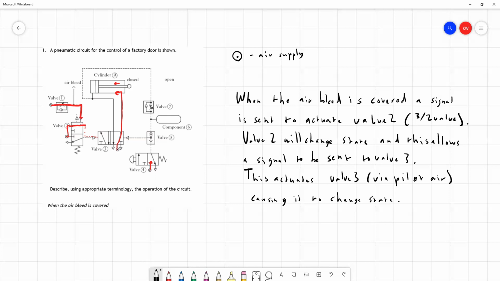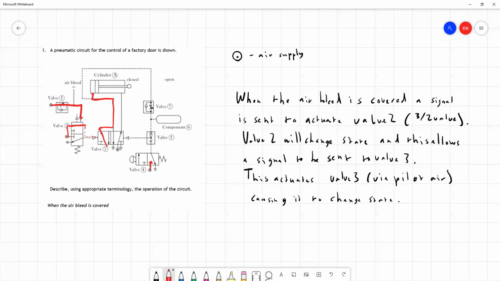And when valve 3 changes state, if we take away all this air here, what's happening instead is, again, we're imagining that instead of having our air coming in here, we've changed over to the other box now. So instead we've got air coming through here, which if we slid that box across, we connect to this line, so we have air coming up here.